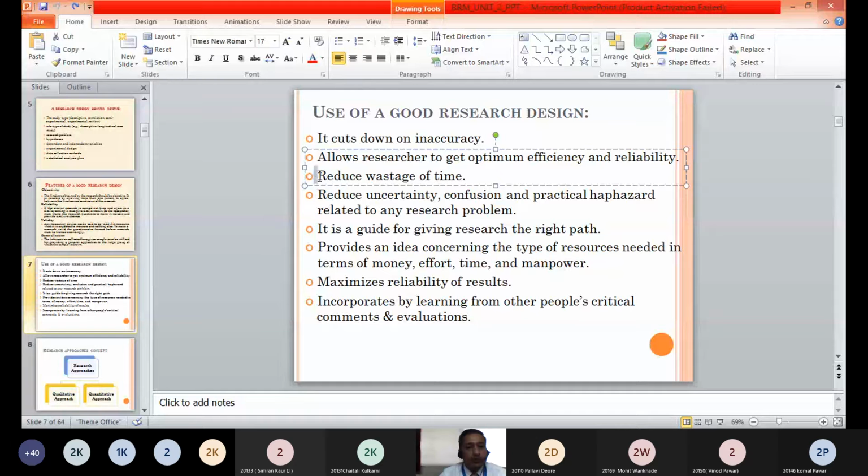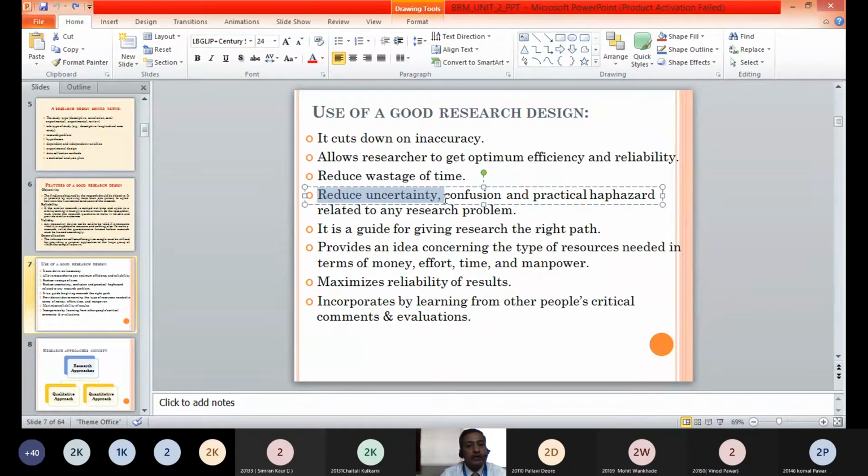A good research design also reduces wastage of time. As we discussed, it is a plan, blueprint, or structure of research. So with a good research design, you will be able to complete the research in the stipulated time.